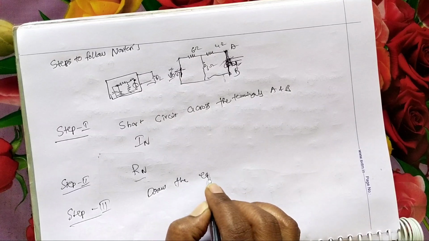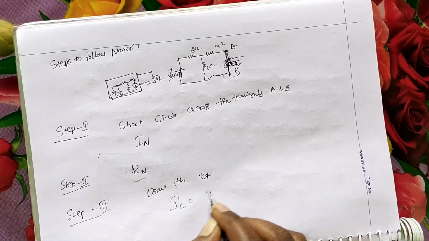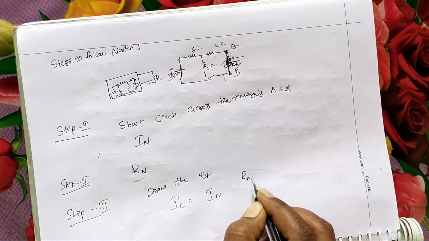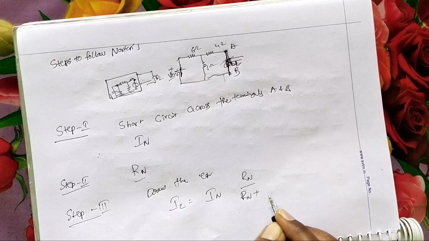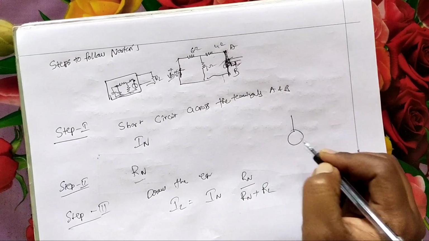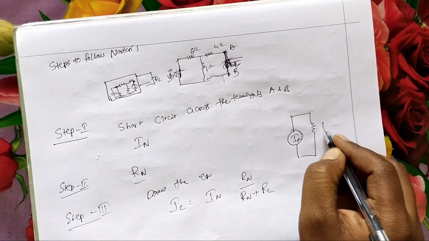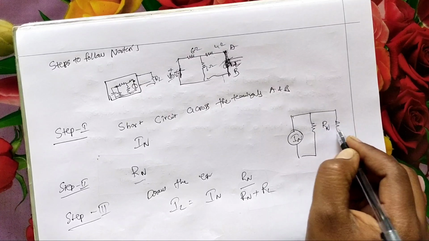Step 3 is to draw the equivalent circuit. Draw the equivalent circuit by replacing the entire network by a single current source IN in parallel with a resistance Rn. From that, IL equals IN into Rn by Rn plus RL. We have to draw the equivalent circuit like that: IN in parallel with Rn, in parallel with RL.